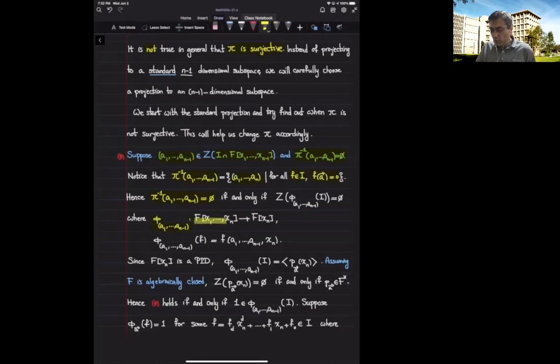evaluating the first n-1 of them, and end up getting a polynomial only with variable x_n. So essentially, I give you a polynomial in n variables, substitute a_1, ..., a_{n-1} for the first n-1 variables, and end up getting a polynomial in the variable x_n.